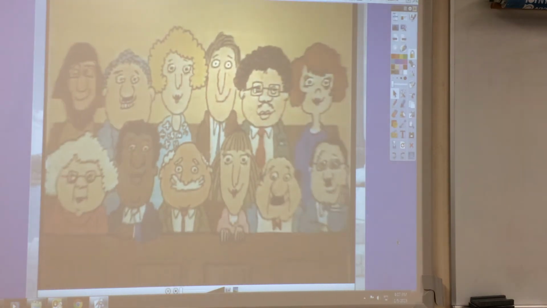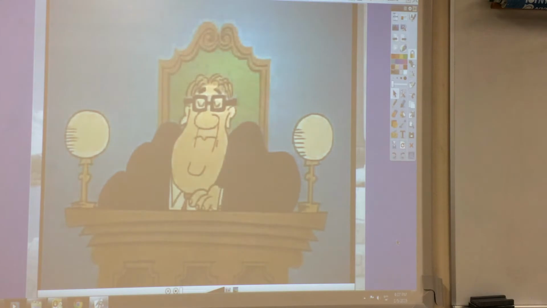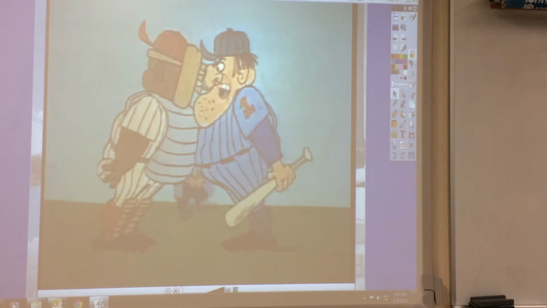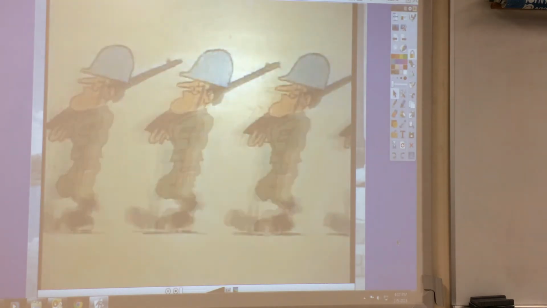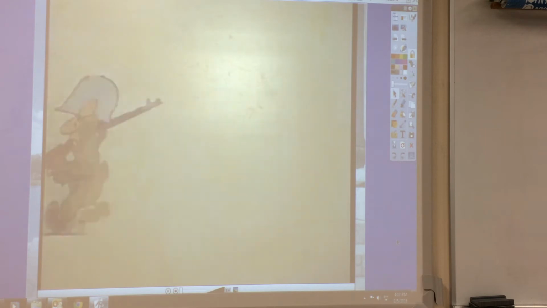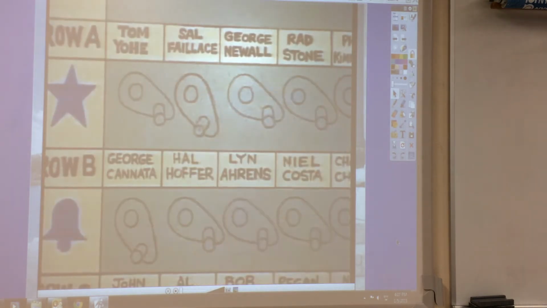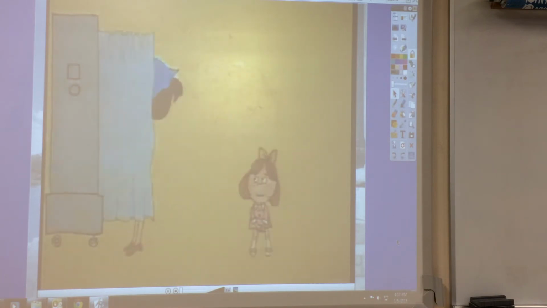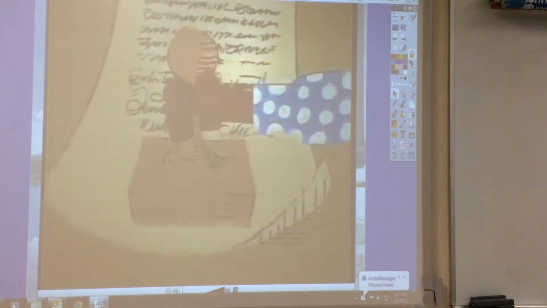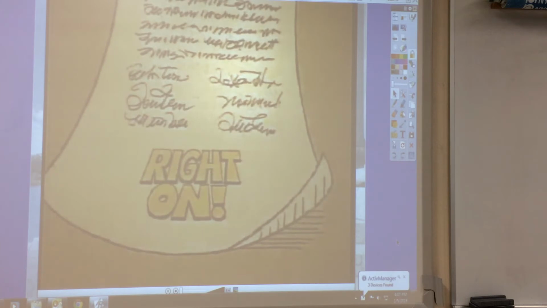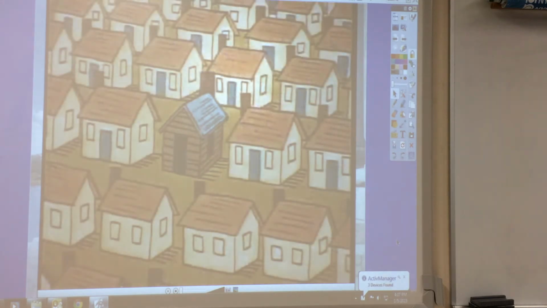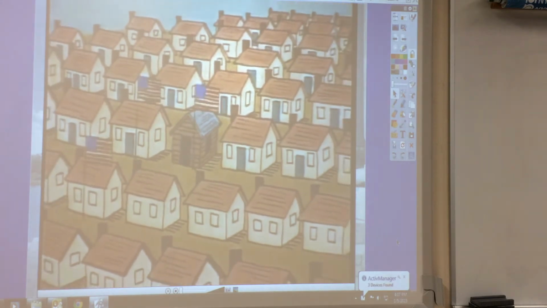We the people, in order to form a more perfect union, establish justice, ensure domestic tranquility, provide for the common defense, promote the general welfare and secure the blessings of liberty, to ourselves and our posterity do ordain and establish this Constitution for the United States of America.